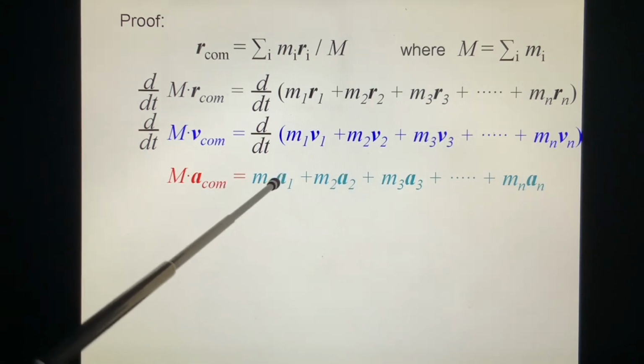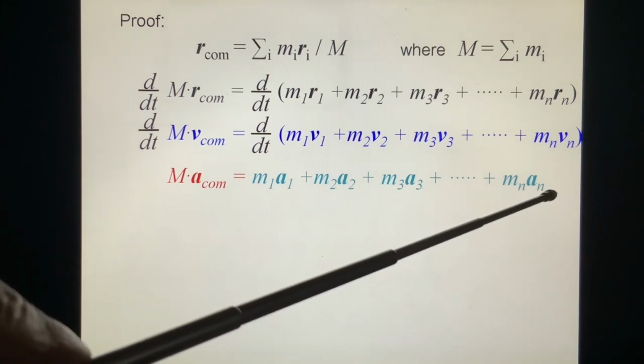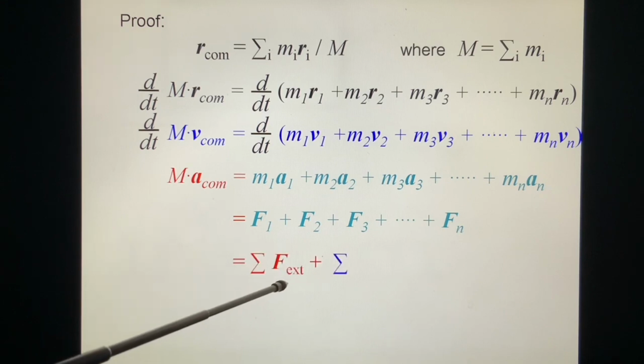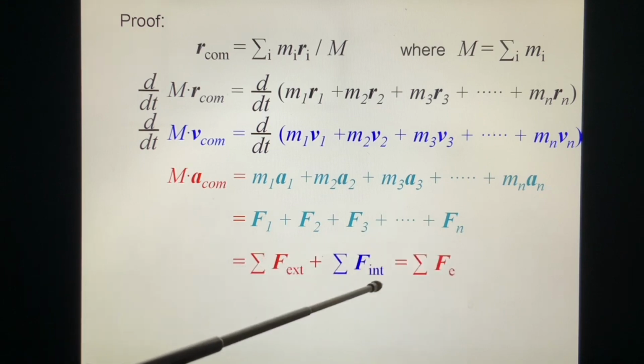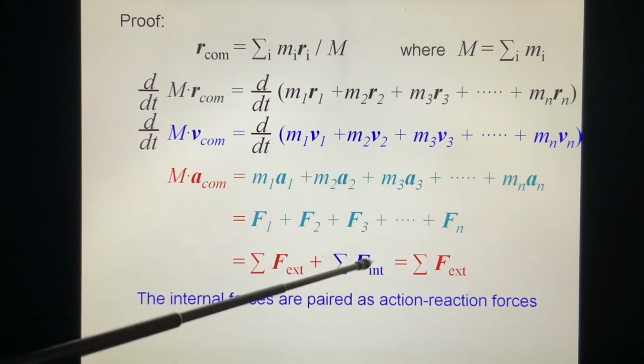What are these? Each is the sigma F acting on m1, and this sigma F includes two parts: external force and internal force. We put these forces together, all the forces including internal and external, and we sum sigma F external plus sigma F internal. As we explained before, sigma F internal of a system is equal to 0.